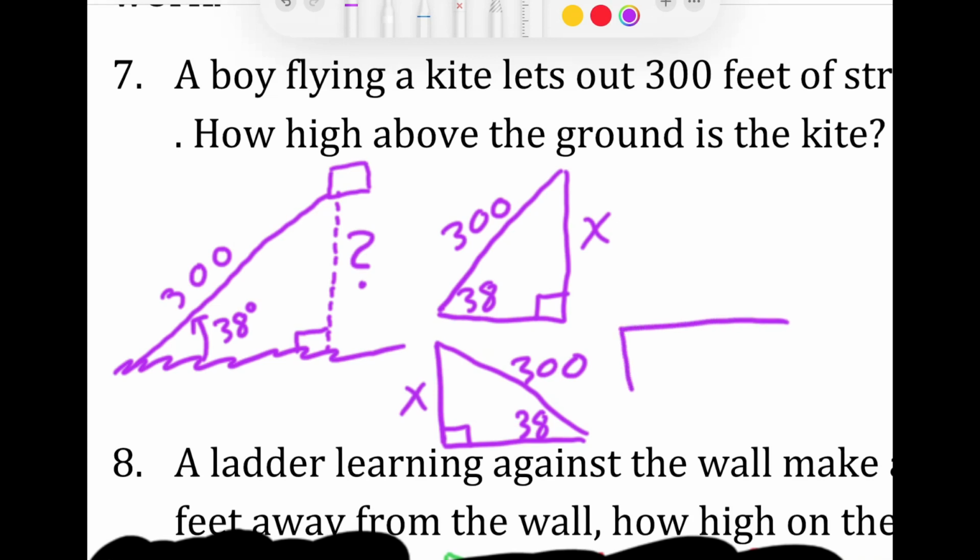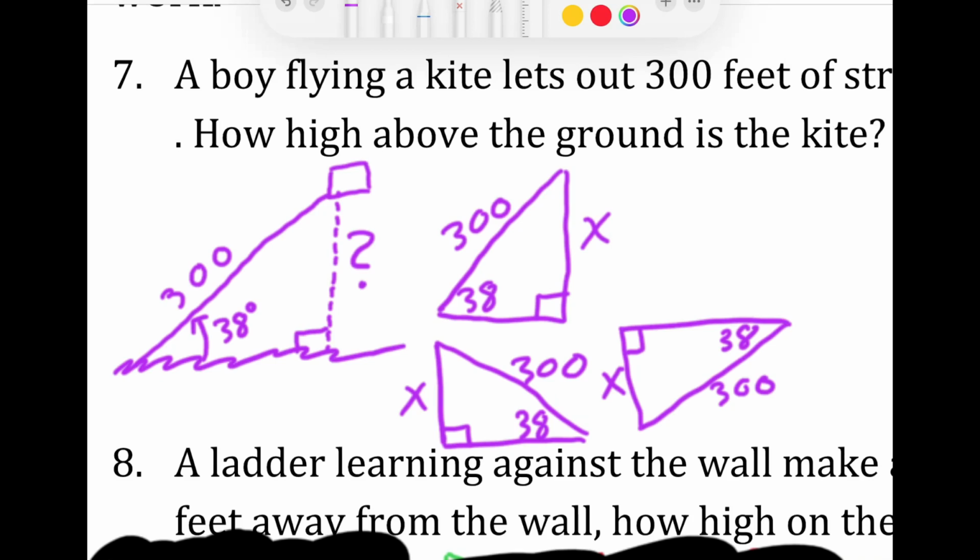You could have drawn the triangle like this, where this would have been 38, this would have been 300, and this would have been x. Does not matter how your triangle ends up, as long as it's the same essential features.